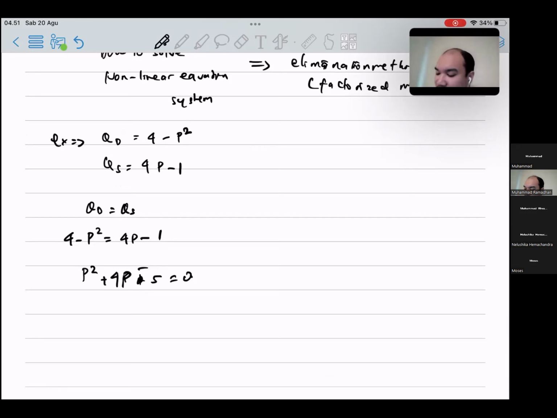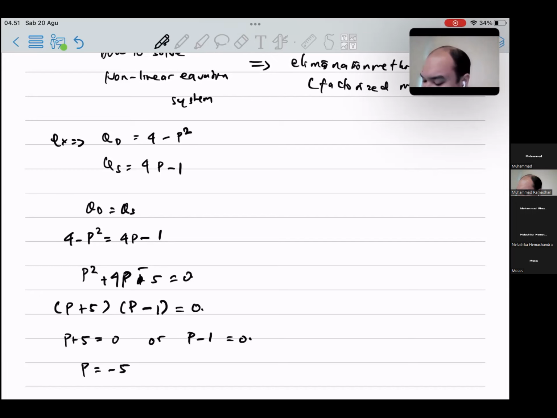So to factorize this, you can factorize this as p plus 5 and p minus 1 equal to 0. So you have p plus 5 equal to 0 or p minus 1 equal to 0. So p is minus 5 or p is 1.